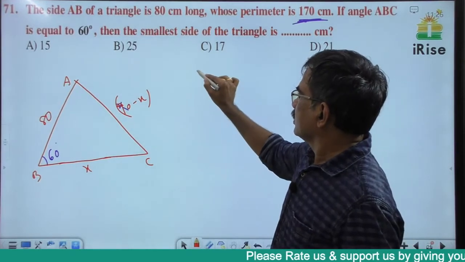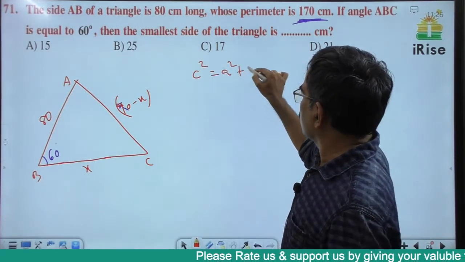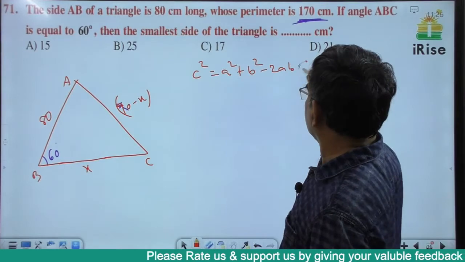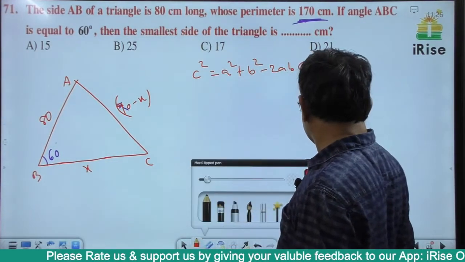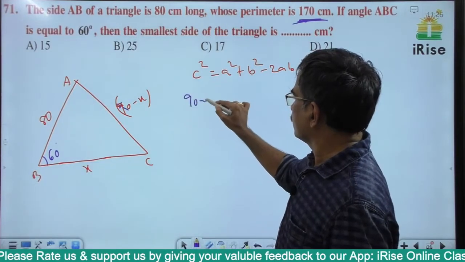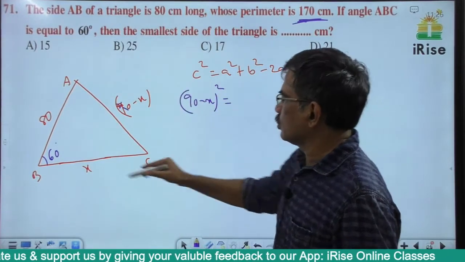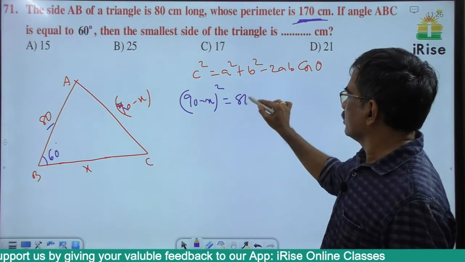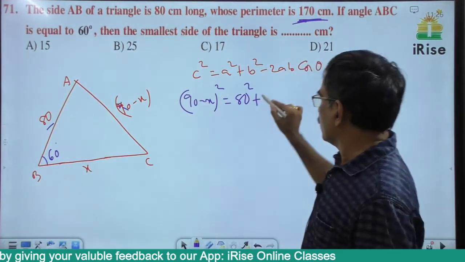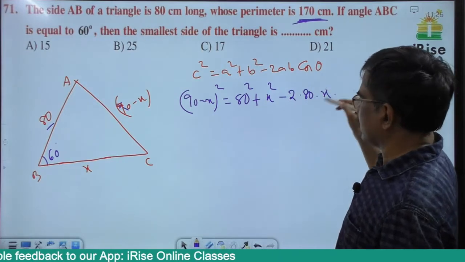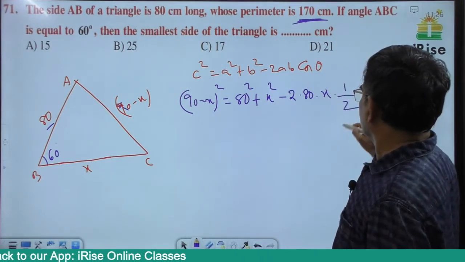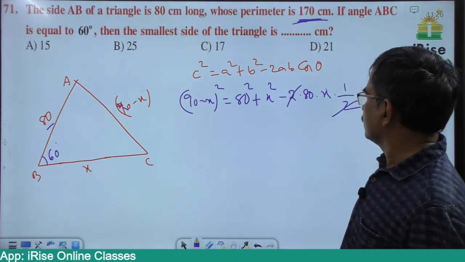Then c square is equal to a square plus b square minus 2ab cos theta. (90 minus x) whole square is equal to 80 square plus x square minus 2 into 80 into x into cos 60, 1 by 2, 2 cancel.